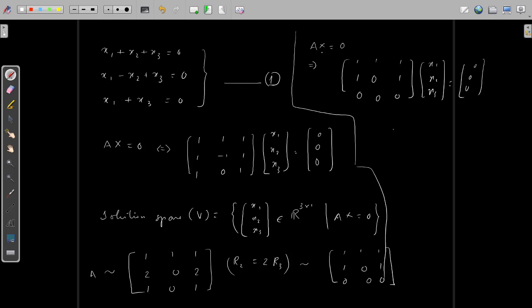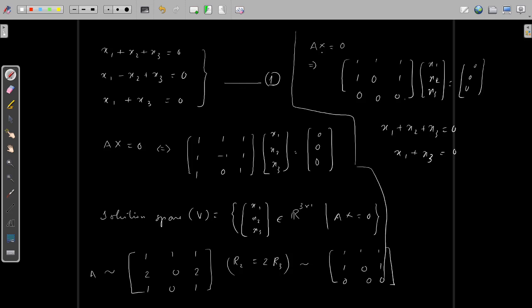The first equation is x1 plus x2 plus x3 equal to 0. From the second equation we get x1 plus x3 equal to 0.